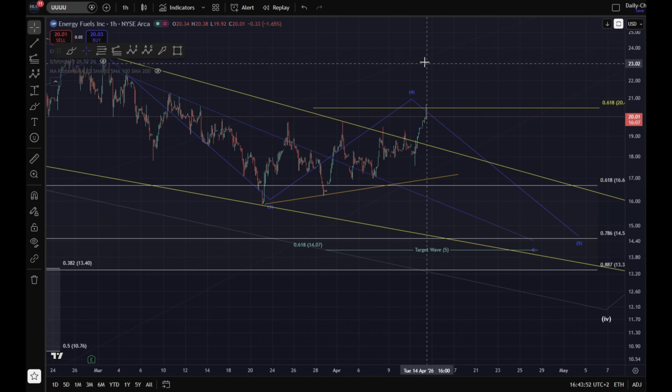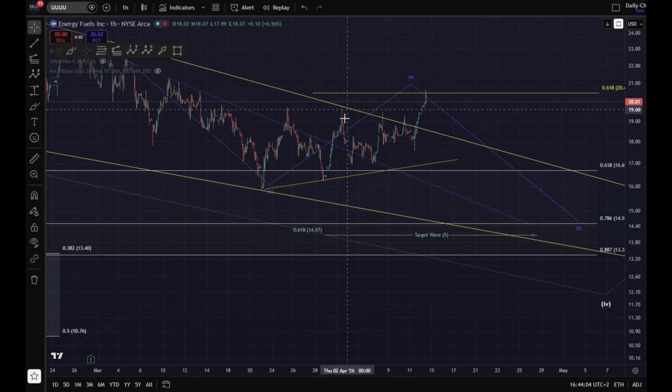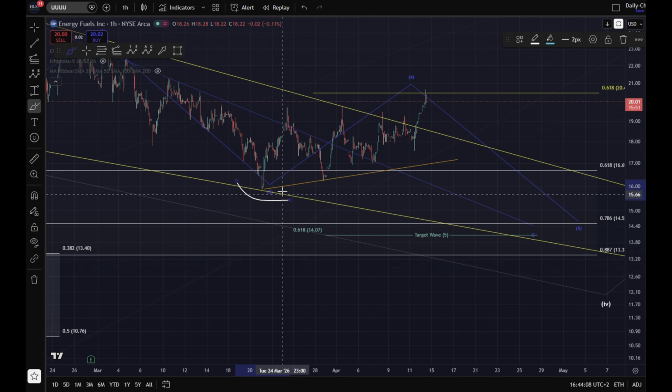Okay, let's assume, I mean, it's pretty obvious we broke above the A wave high here, so the triangle got invalidated. But from this low here, it's pretty clear that we have just a 3-wave structure. Therefore, I'm labeling it as an A wave.